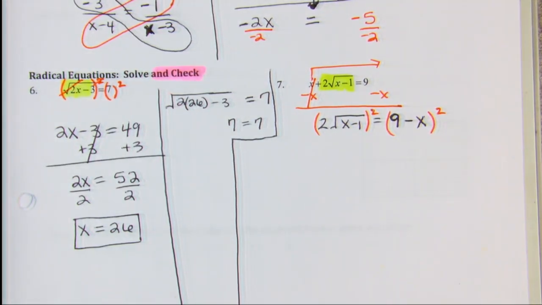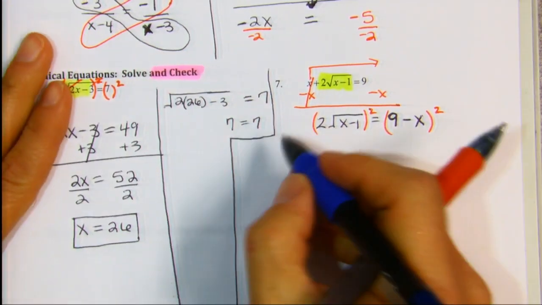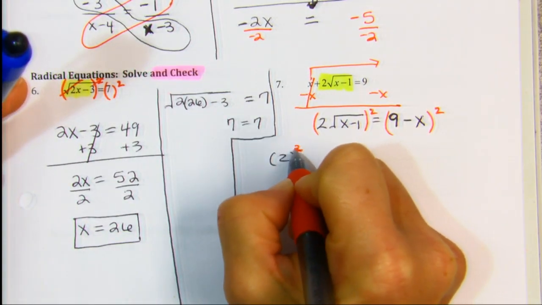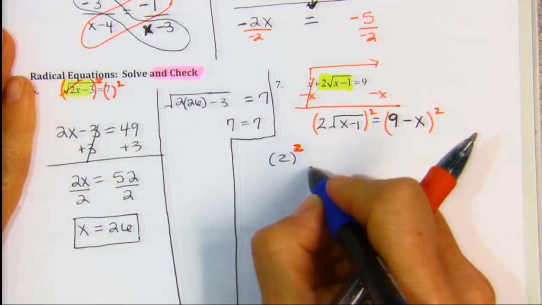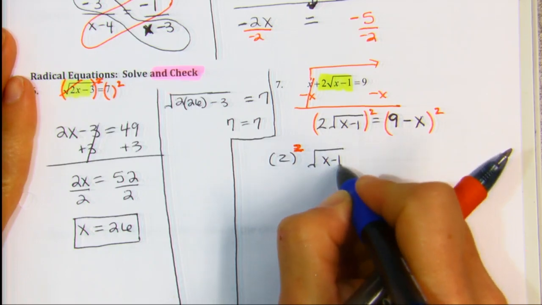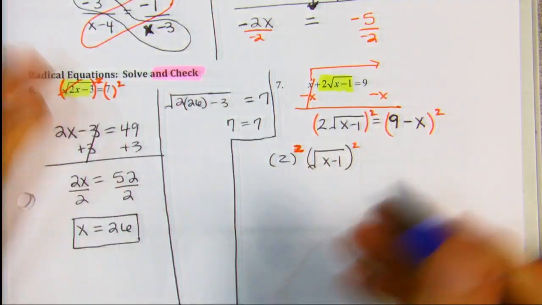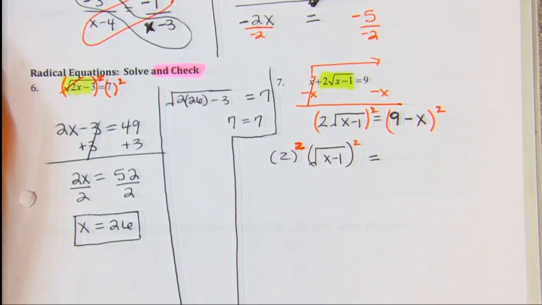When you do that, the easiest way for me to explain this side that you're squaring is your 2 is getting squared separately from your radical. If you pull it apart like that, that helps you see what's happening.